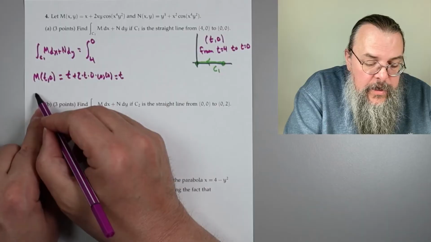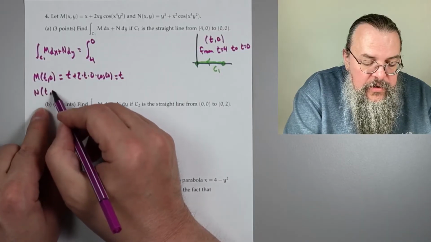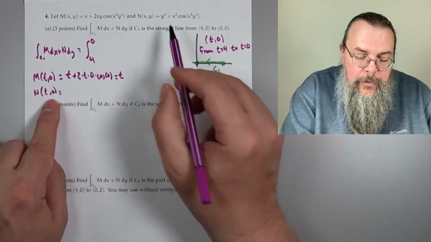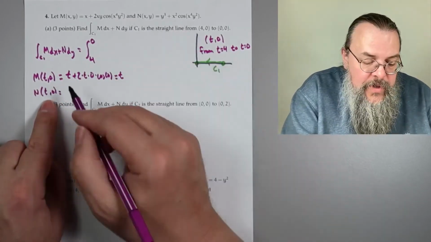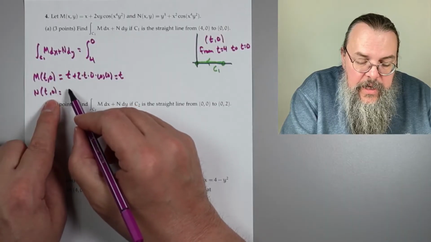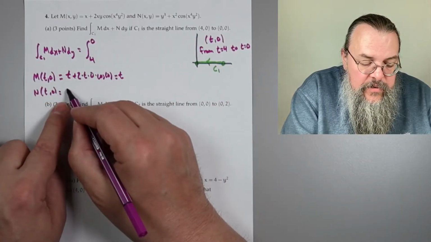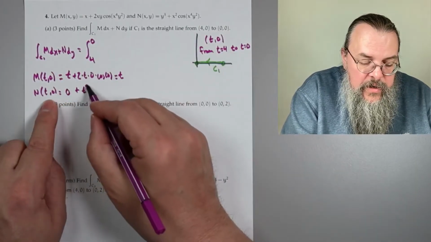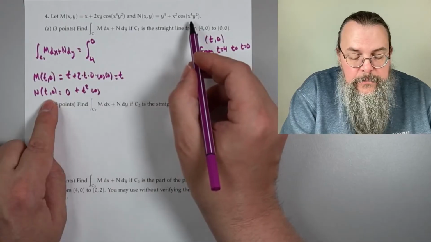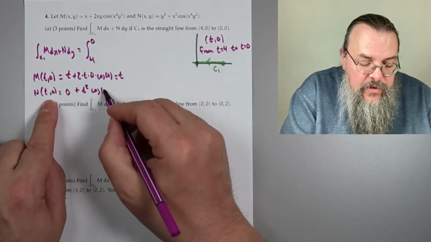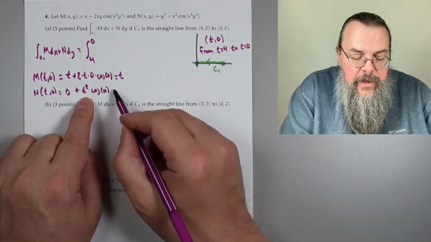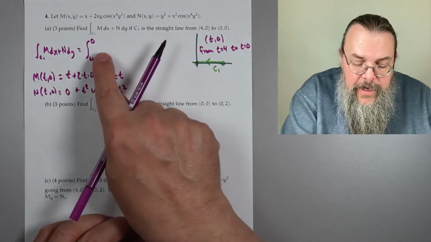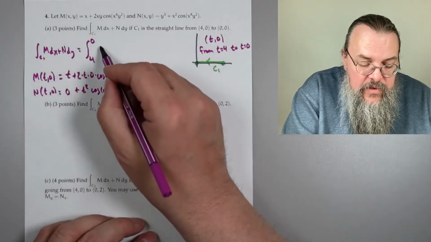And then N of (t, 0), again using our parameterization: everywhere you see a y, put a 0, and everywhere you see an x, put a t. So that becomes 0 cubed, which is 0, plus t squared cosine of 0. So cosine 0 is 1, and that's t squared.